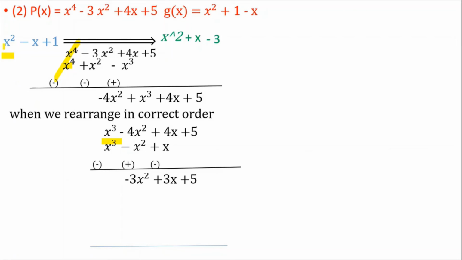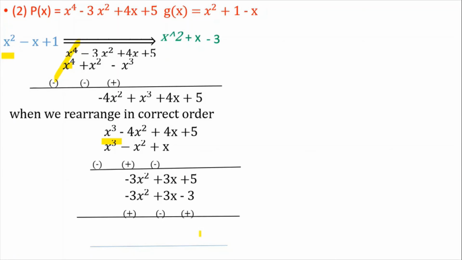Now x squared into minus 3 is minus 3x squared, and minus 3 into minus x and plus 1 gives plus 3x and minus 3. So again I want to change the symbols to their alternatives. Then, by summing these terms, 3x squared and minus 3x squared get cancelled, plus 3x and minus 3x get cancelled, and 5 plus 3 is 8. So I am getting 8.